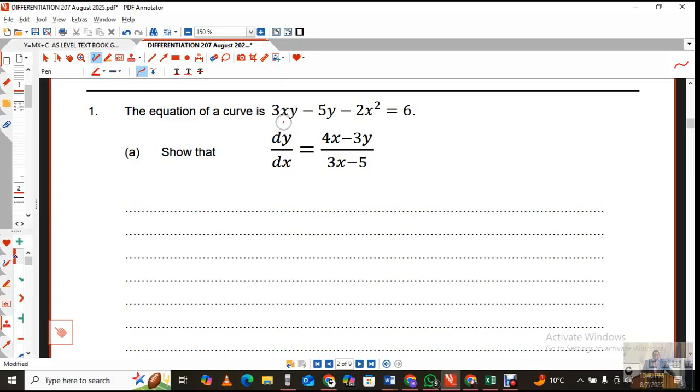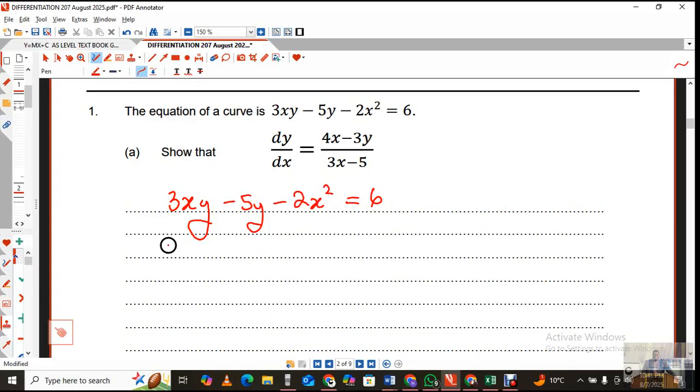So once you start finding the derivative, you are going to use the product rule. So what we have, let's just write it here, 3xy minus 5y minus 2x squared is equal to 6.